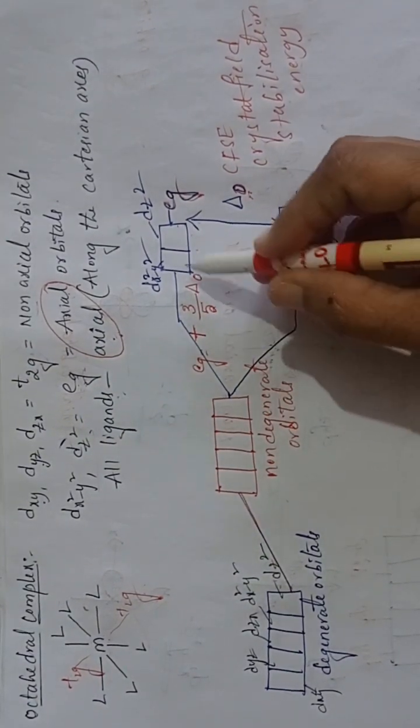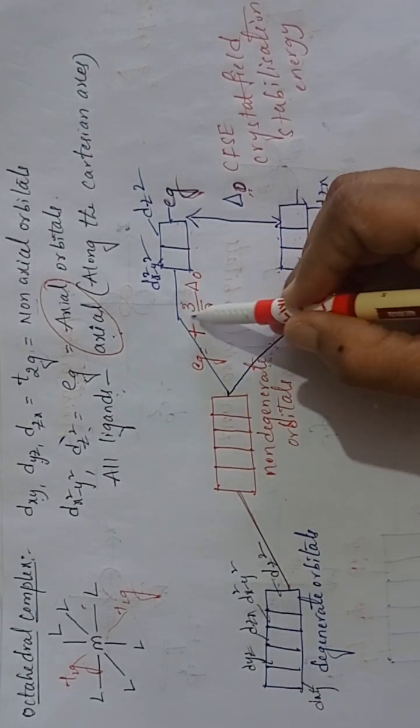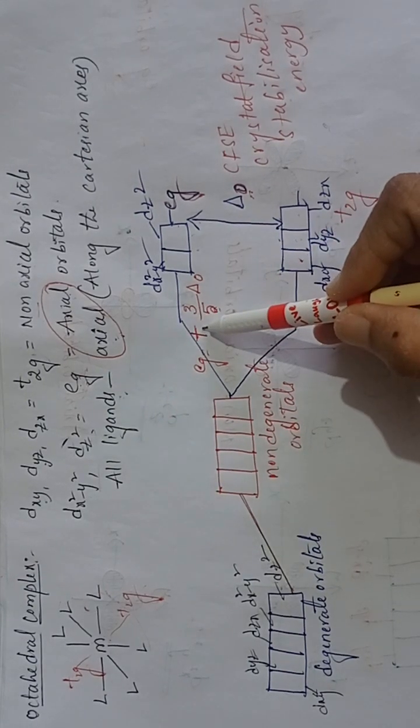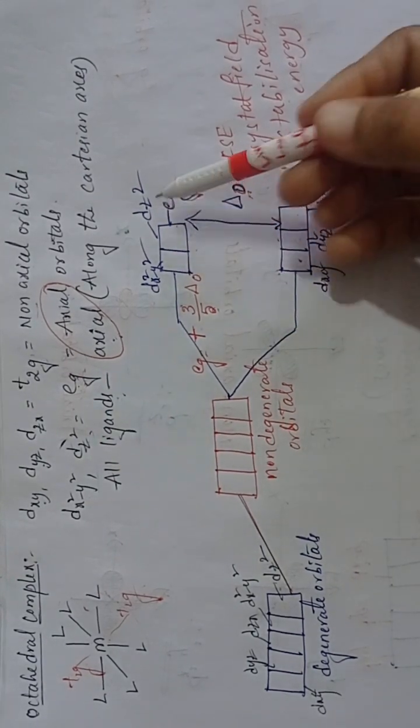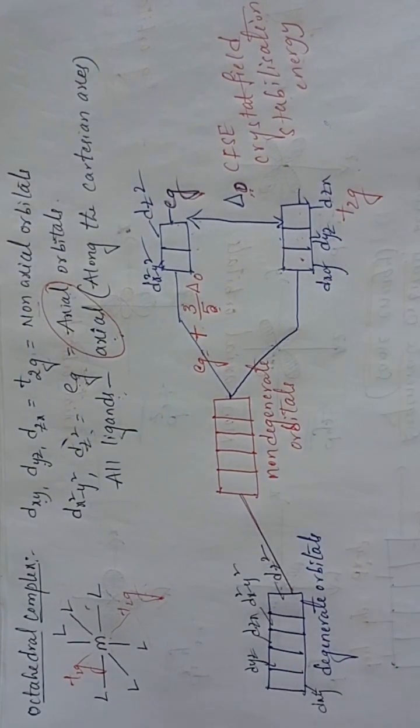Understood? Total 5 d orbitals, and out of 5, 3 orbitals' energy is decreased. Here, why are we taking positive? Because their energy is increased. And coming to the t2g orbitals, what is the energy of t2g?